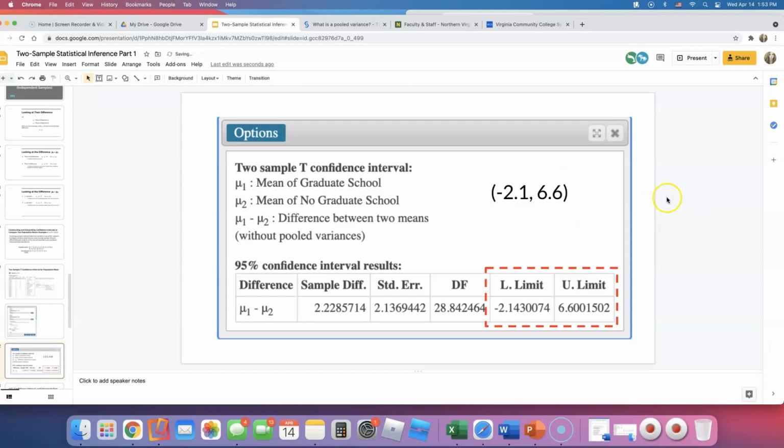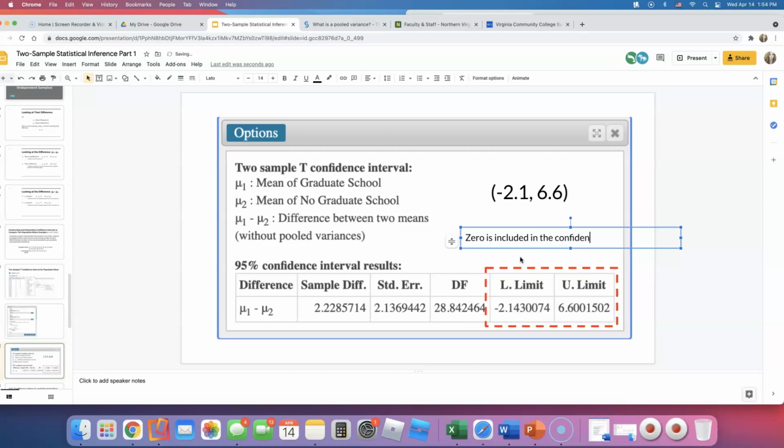The lower limit is negative, right? And the upper limit is positive, which means, can I go ahead and type it? 0 is included in the confidence interval. Oh my goodness, what does that mean?